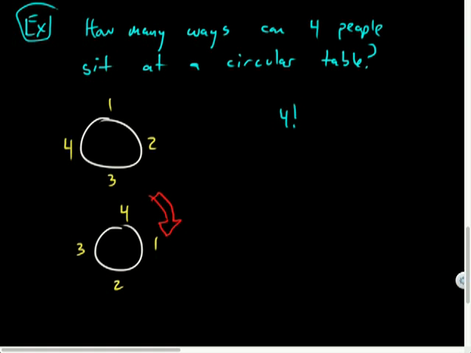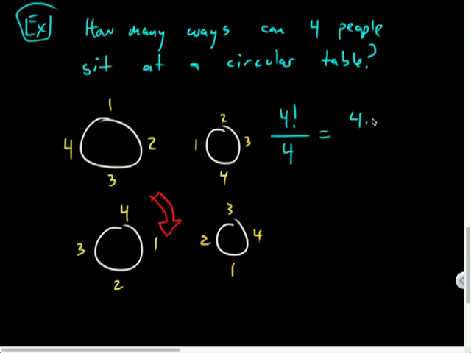Another arrangement that would be the same: I could have 1 on the bottom, 1, 2, 3, 4, and I also could have had 1 on the left. I consider all of those the same arrangement. So there are 4 extra rotations that I need to get rid of. But it's not 4 factorial rotations, just 4 rotations. So I'm going to divide by 4.